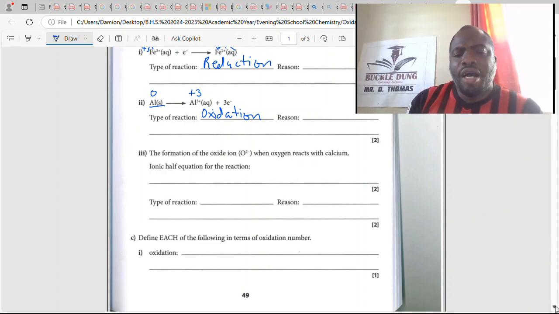The formation of the oxide ion when oxygen reacts with calcium, write the ionic half equation for this reaction. Now, look at this. I'm showing you the full reaction first.